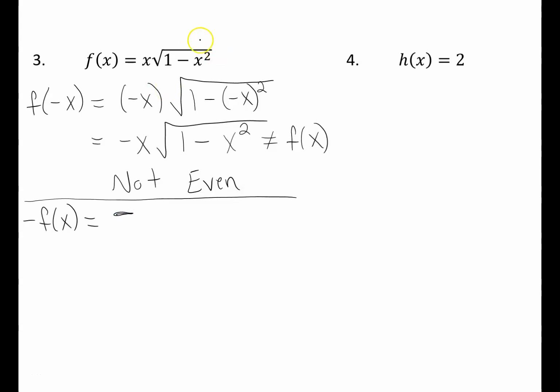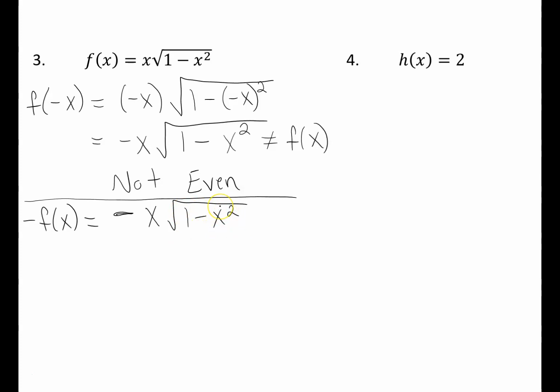Now, this function is just one term. Since the x is multiplied by the radical, terms are separated by plus or minus. So if there had been a plus sign in between, it would be two terms and we'd have to put it inside parentheses. But because it's just one term, it's a product, then we just stick the negative out in front of that term. And then we're going to write down our f of x.